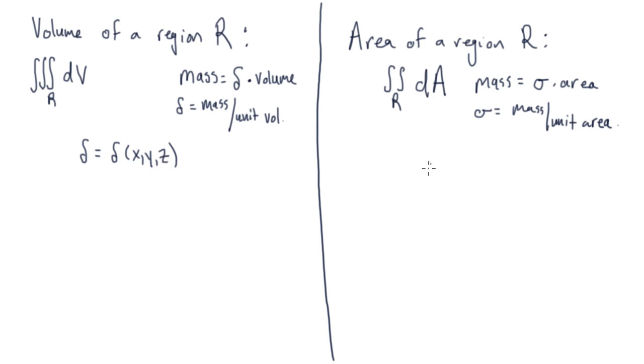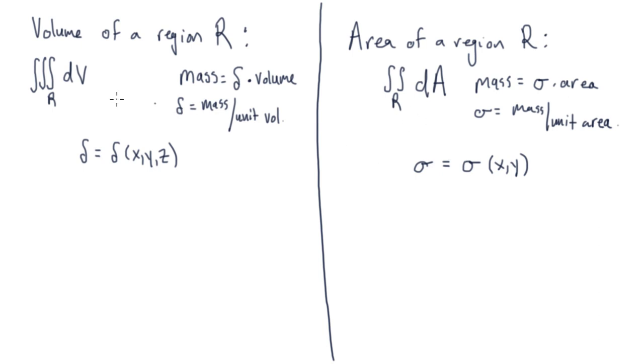And the same thing for an area region. We can think about the mass per unit area as being a function of where you are in the area. So maybe you have some kind of disk area region that's more dense around the outside, or something like that. So how do we actually find the mass of a region if the densities, whether that's volume density or area density, are changing?